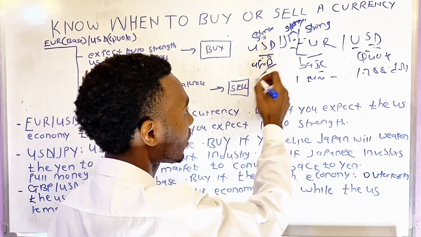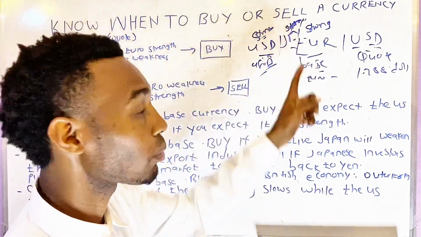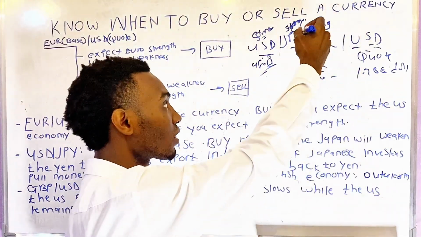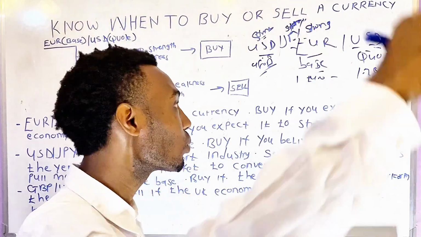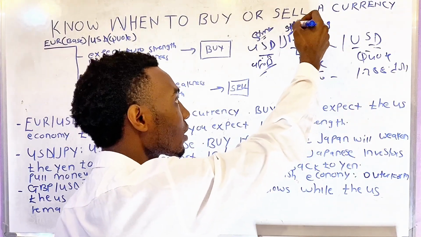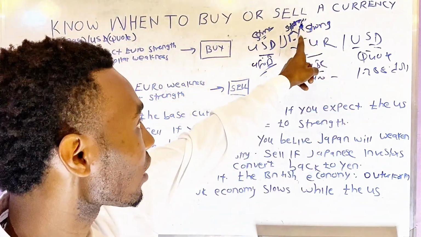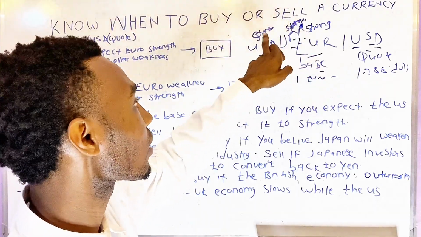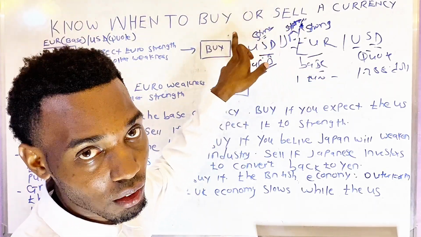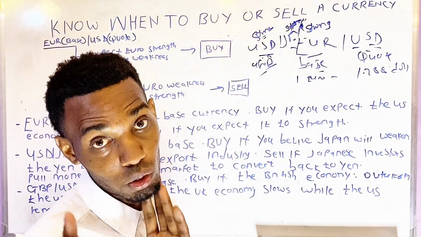It is weak. That is why the Japanese yen will rise, and that is when you sell. You sell this, because you expect the dollar to weaken. This one you sell, the quote.